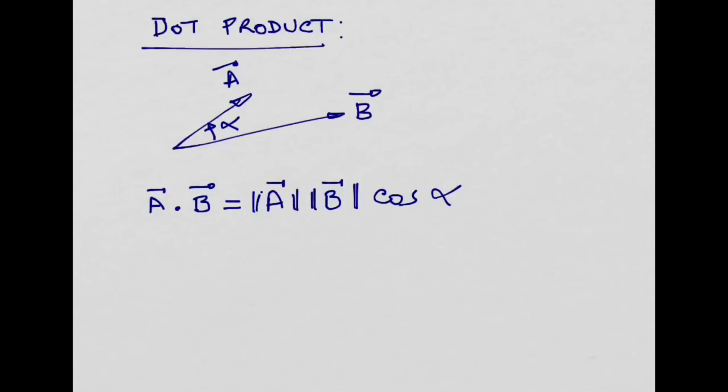Okay? So as you can see, the result of this is a scalar, not a vector. The norm of A is a scalar, the norm of B is a scalar, the cosine of alpha is a scalar, so the result is a scalar.